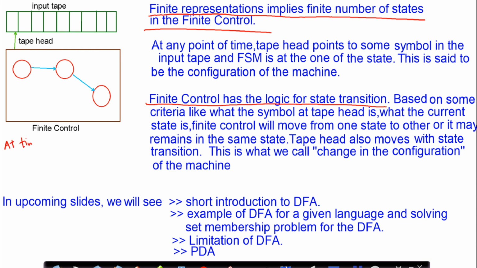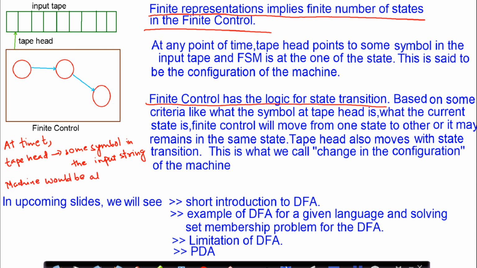At time t, your tape head would be pointing to some symbol in the input string, and your machine would be at one of the states.